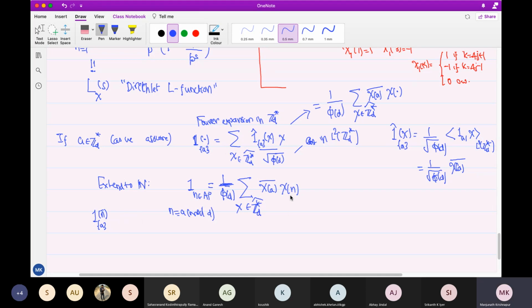So you get chi of n. I have written it in the subscript, but it is indicator A of n actually. So I have chi of n on the other side, taking the same extension. So that's all.